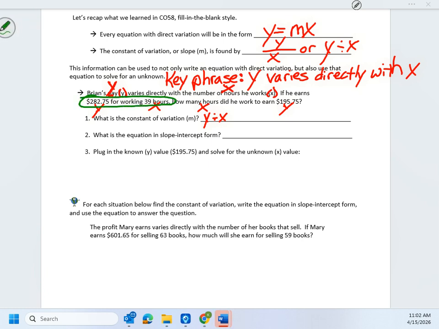Yeah. I'm going to use that middle line to find my slope, that constant of variation. So I marked what my Y was, I marked what my X was. So I know $282.75 divided by 39 is going to be my constant of variation. What is $282.75 divided by 39? Clara? 7.25.